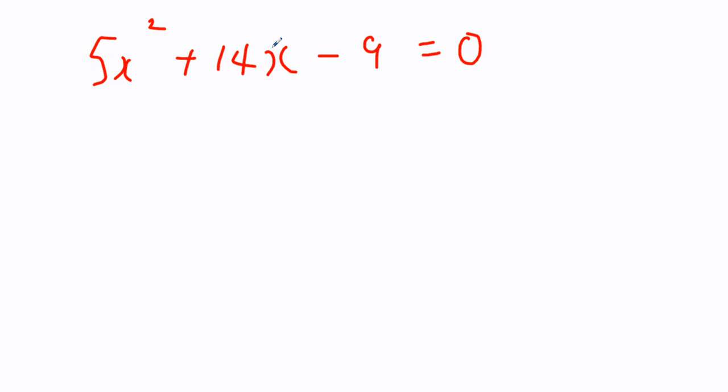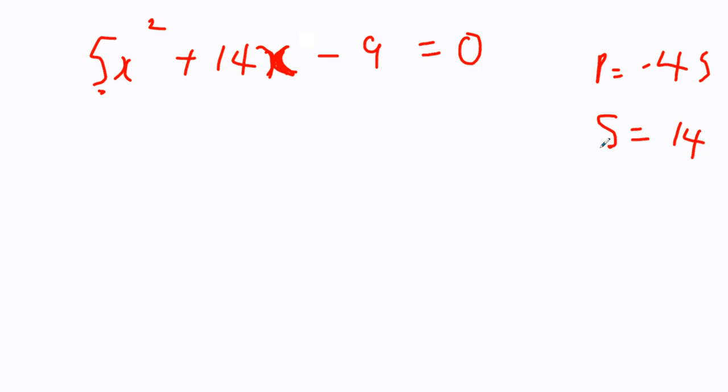You could have something like this: 5x squared plus 14x minus 9 equals 0. Let's write this explicitly. Now, because you've got to multiply the 5 by the negative number, you want two numbers you can multiply to get a product of negative 45 and a sum of 14.